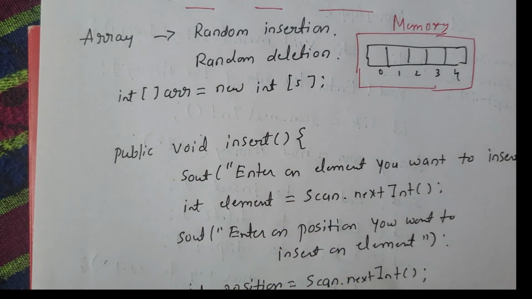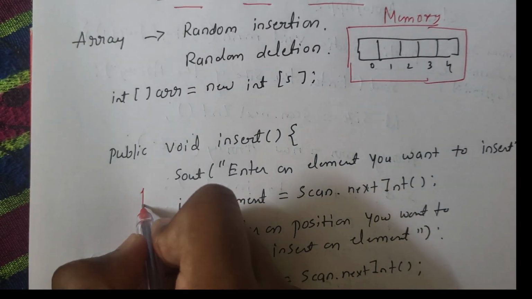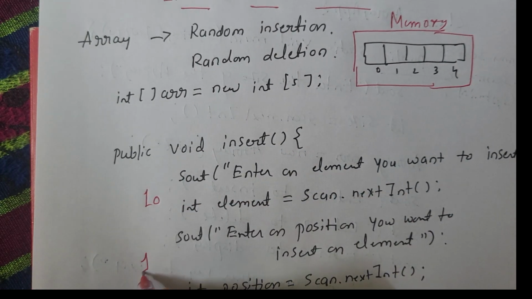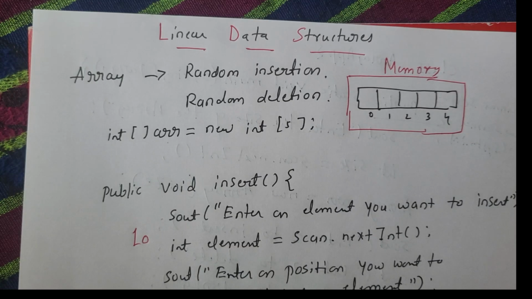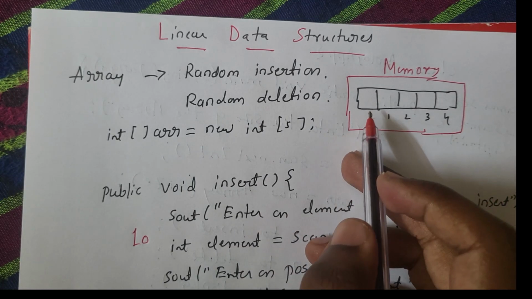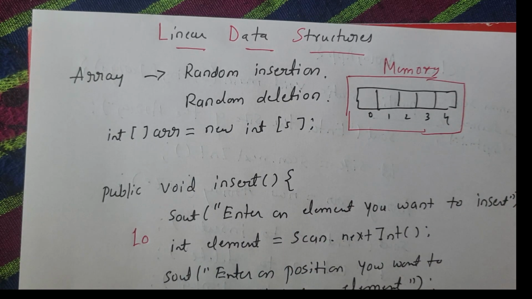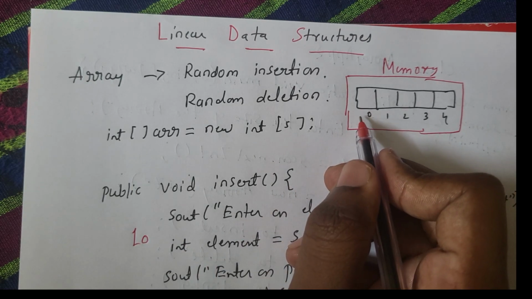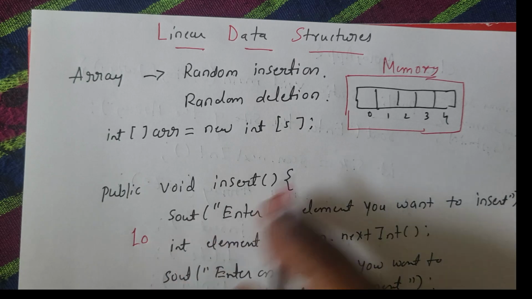Suppose the user has entered element 10 and position 1. The user does not know that array indexing starts from 0. User entered position 1, meaning the first position, the 0th position, where 10 should be inserted.